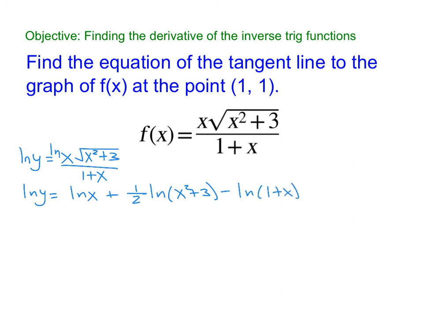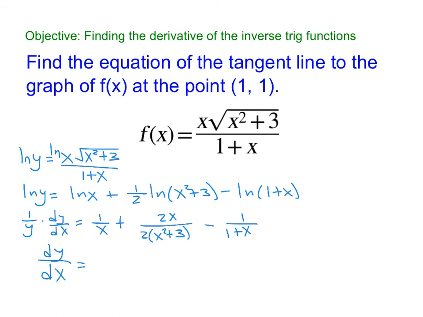Derivative: 1 over y dy dx equals 1 over x plus 2x over 2 times x squared plus 3 minus 1 over 1 plus x. So dy dx equals all of that times y. And y is that original function.